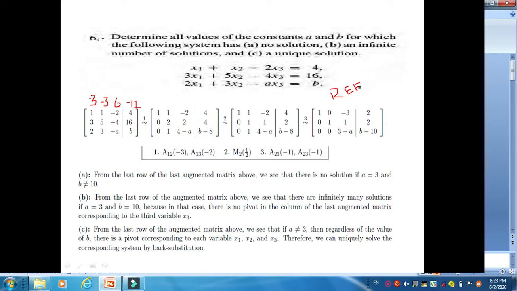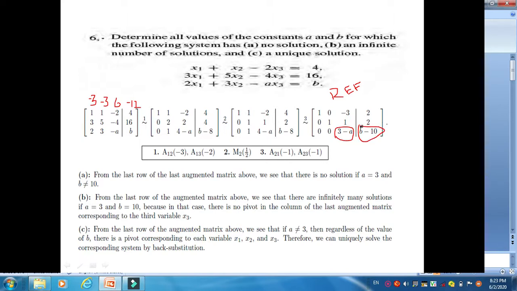Second part: the question is asking about an infinite number of solutions. The lemma tells us that if the rank of the augmented matrix equals the rank of the coefficient matrix and both are less than the number of unknowns, then you must convert that element 3 minus a equal to 0, and b minus 10 also equal to 0.